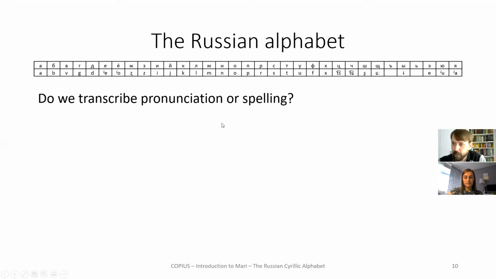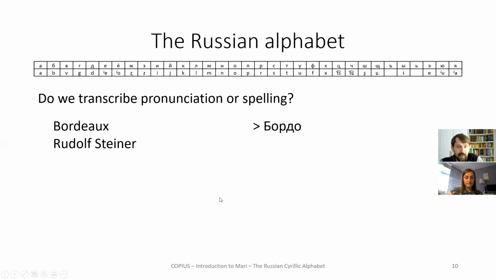For example, to show how we primarily transcribe pronunciation: if we have the town of Bordeaux in French, this in Russian becomes Бордо. So we don't worry about what the French is doing here. We just write what we hear.